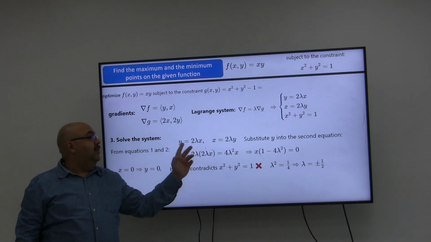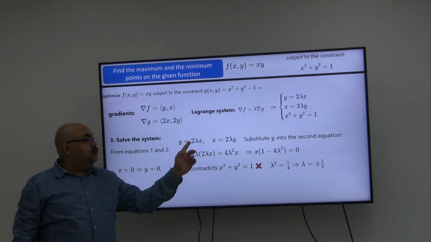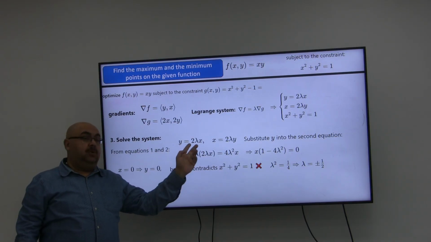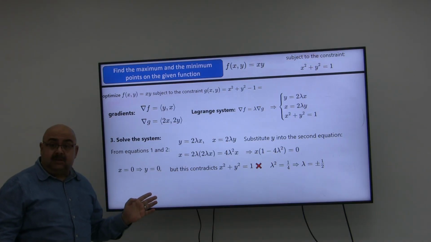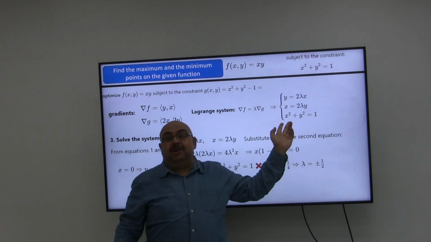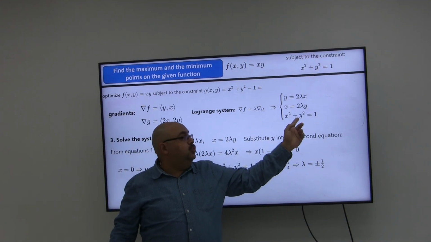Okay, let's substitute together. Y equal to 2, and the lambda is positive half. So which means y is equal to x. That's an alternative. Okay, if y is equal to x, all I have to do is to substitute in the constraint. So I will replace y by x.